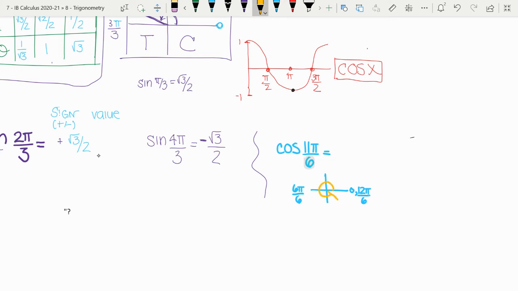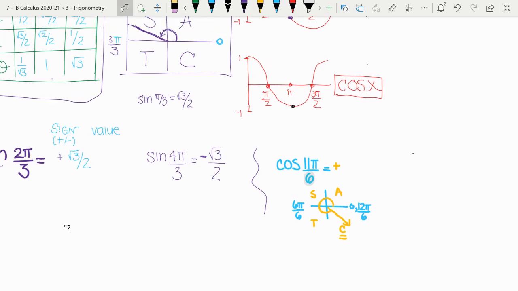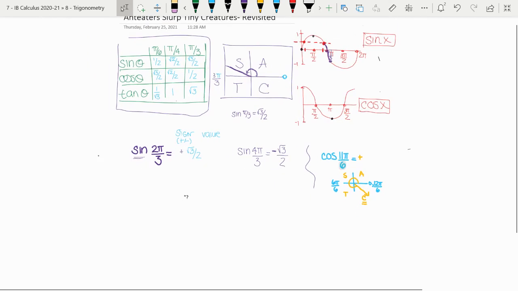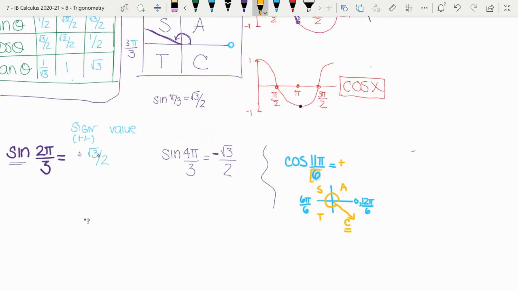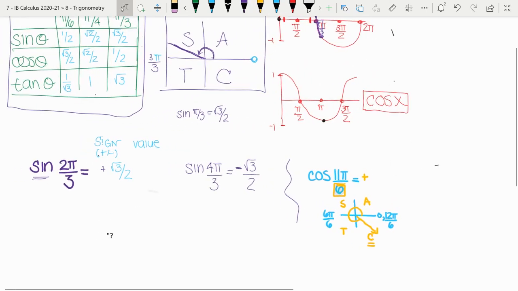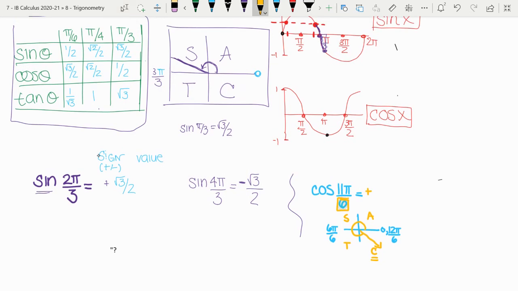It would end in quadrant 4. Anteaters slurp tiny creatures: cosine is positive, so the sign of this will be positive. Now, what I'm looking at is my reference angle, and I need to look at pi over 6. So I will go to pi over 6, look at the cosine of pi over 6, and that's rad 3 over 2, and that is my answer.